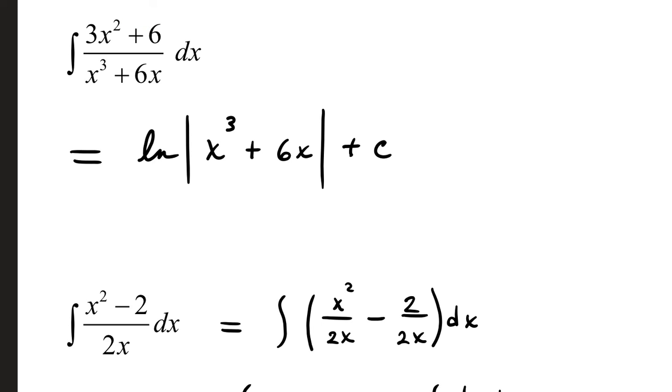This is a perfect case of a denominator with its derivative in the numerator. So this goes back to that formula of u prime over u, and the antiderivative is natural log of your denominator. So natural log of x cubed plus 6x plus your constant of integration.